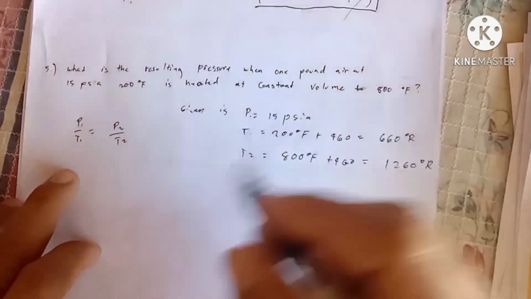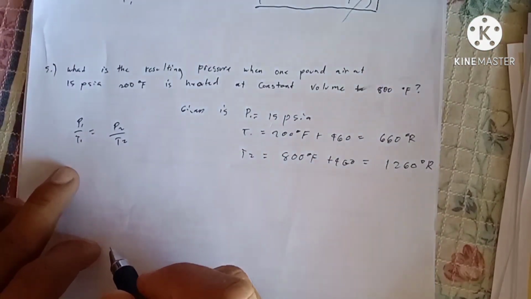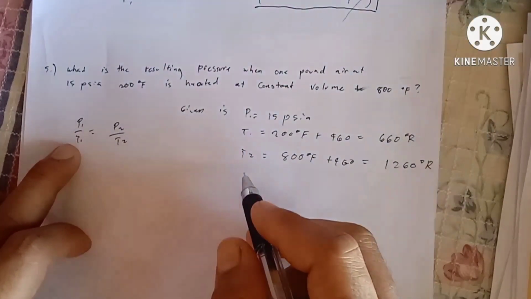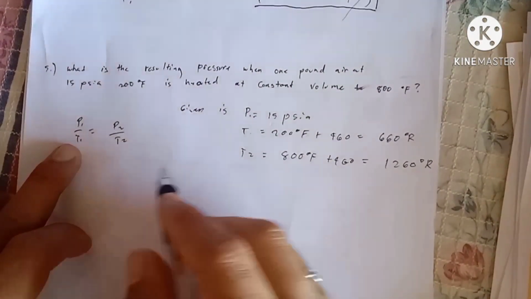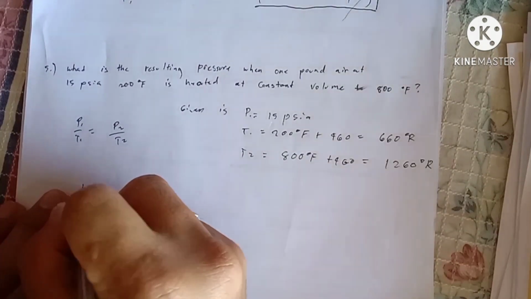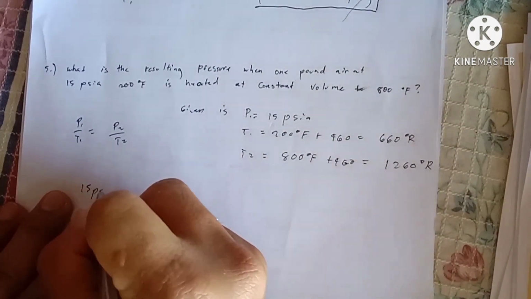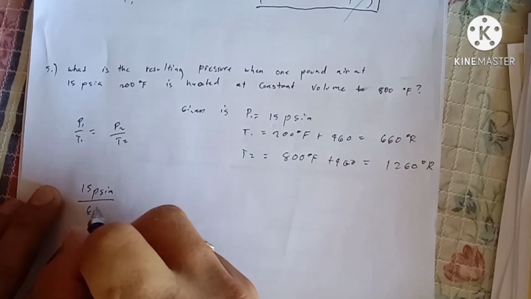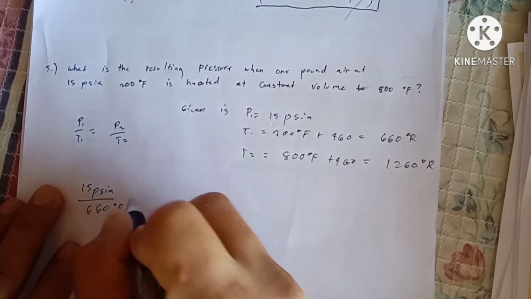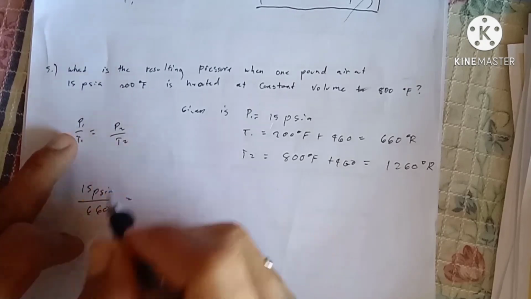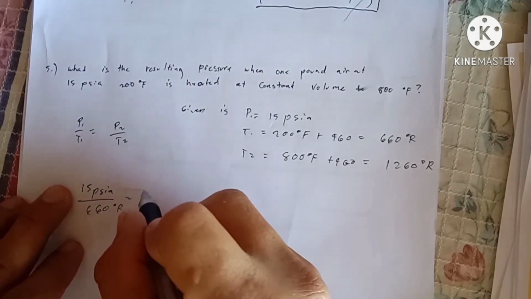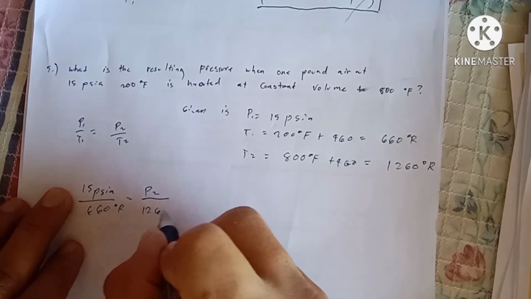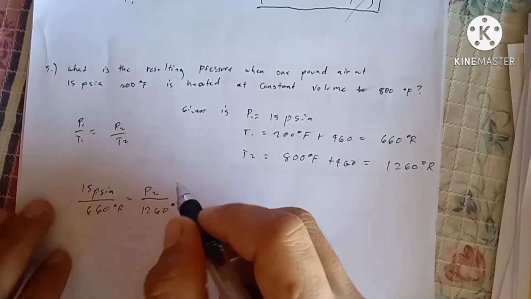Rankine. So by using the formula, the value of P1, 15 psi, over the value of T1, 660 Rankine, equals P2 over the value of T2, 1260 Rankine.